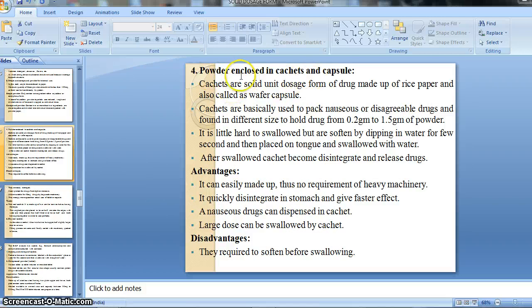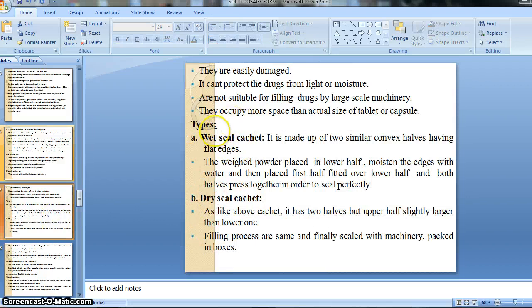This is the powder enclosed in sachet and capsule. This portion we had covered in our yesterday's lecture, right? So powders are enclosed, means packed in a sachet or capsules, right? There are some advantages and disadvantages, and there are some types of sachet.